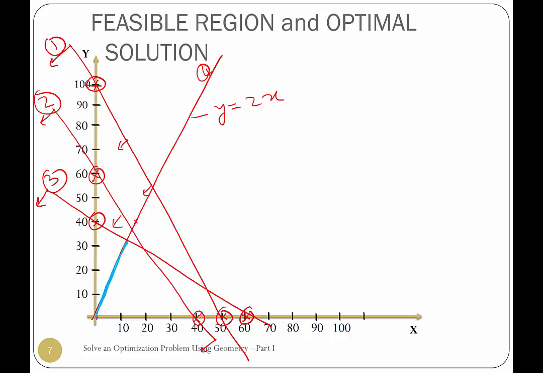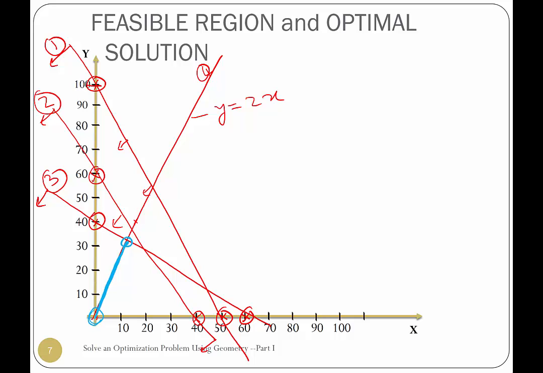For this line segment, this is the feasible region. Any point on this line segment is feasible for all 4 constraints. And if you look at the corner points of this feasible region, we have 2 corner points. One is at the origin, another one is at the intersection of the 4th constraint and the 3rd constraint. So we know the optimal solution is going to be one of these 2 points.